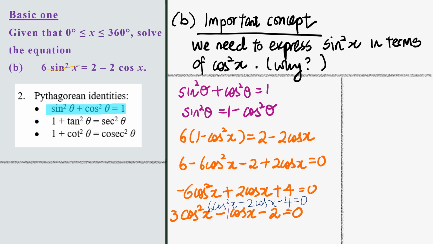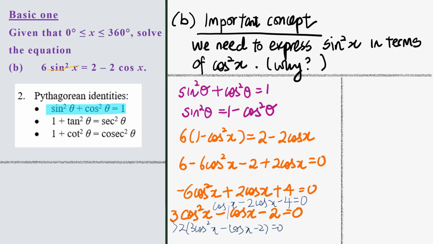And then you just factorize 2 out to get 2 bracket 3 cos squared x minus cos x minus 2 equals 0, which is what I have shown on the screen.